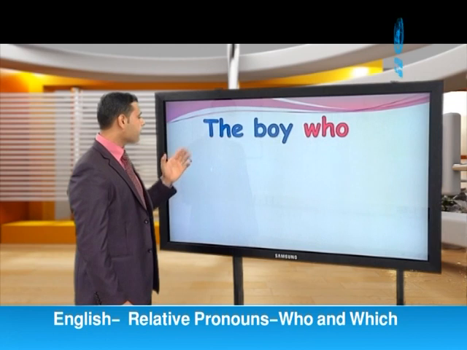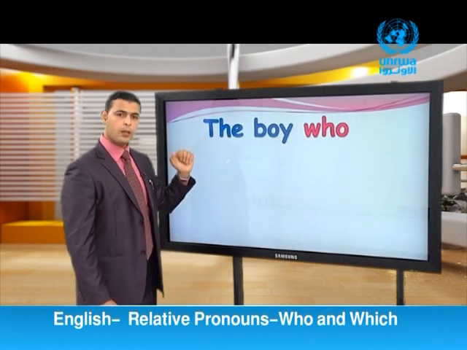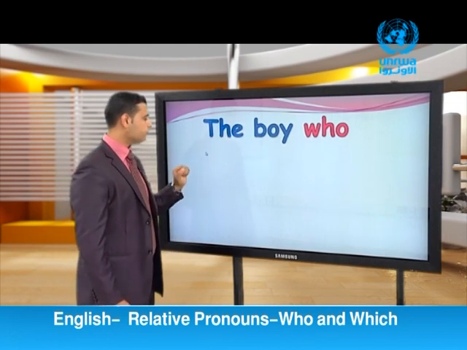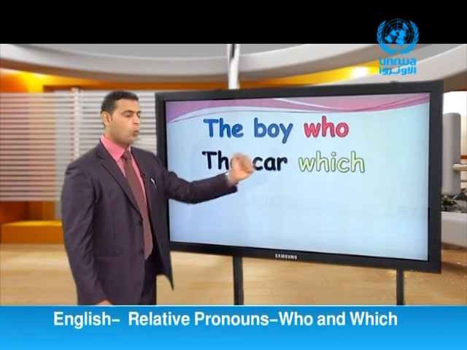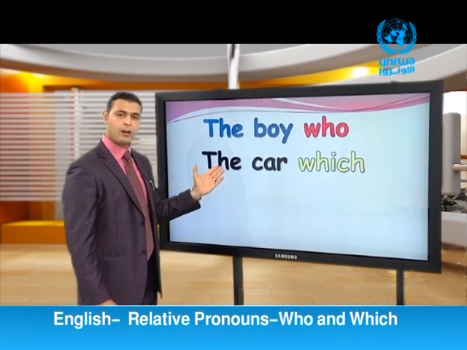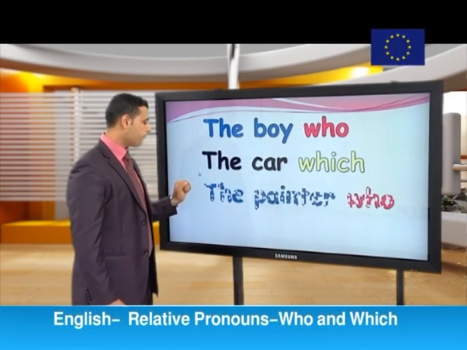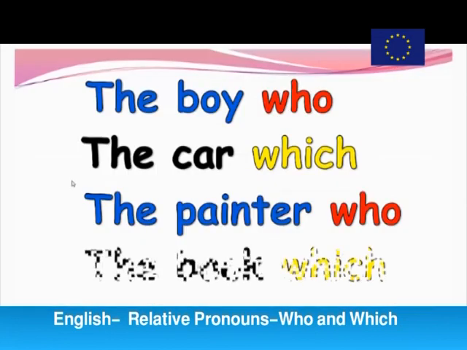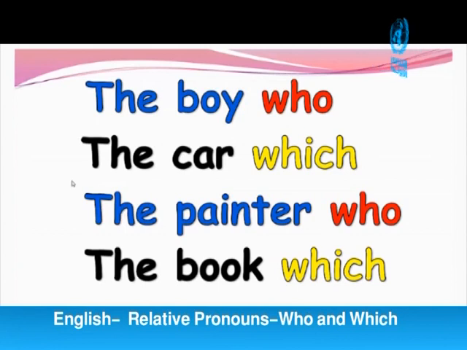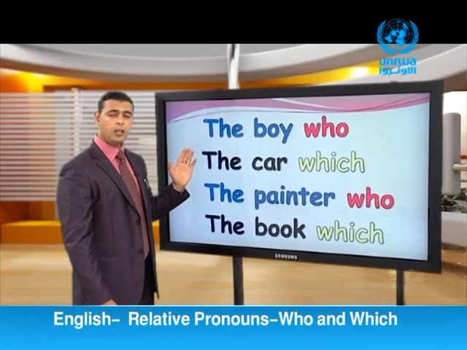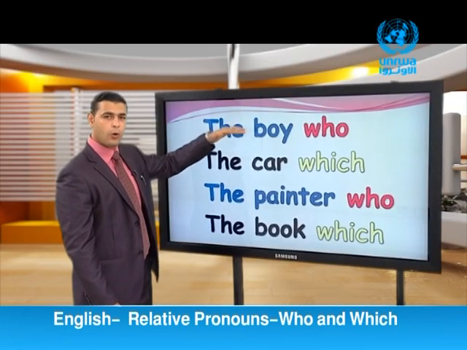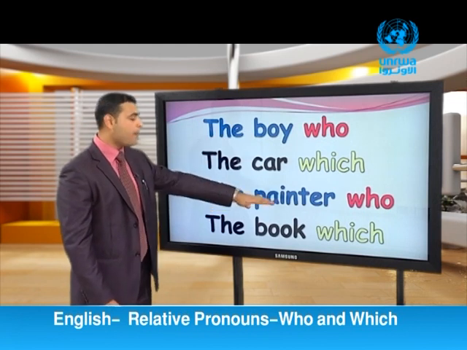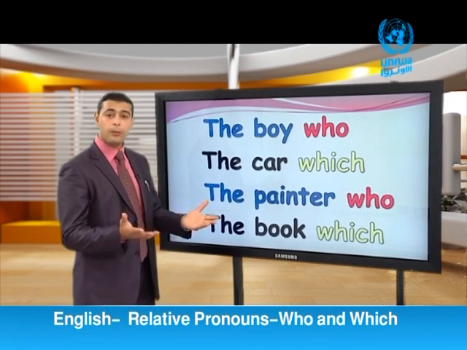Let's look here. The boy who, the car which, the painter who, and finally the book which. If you look at the first example, the boy, and the third example, the painter, we will find them people.